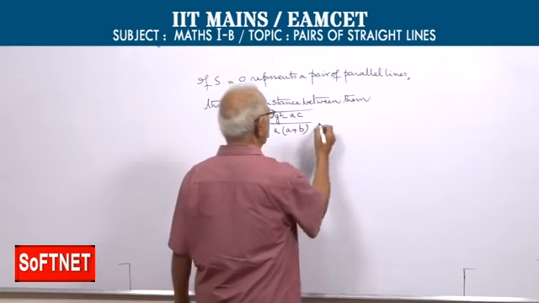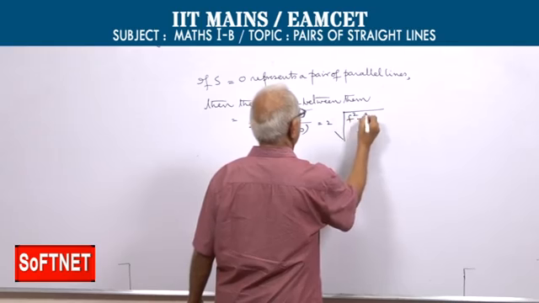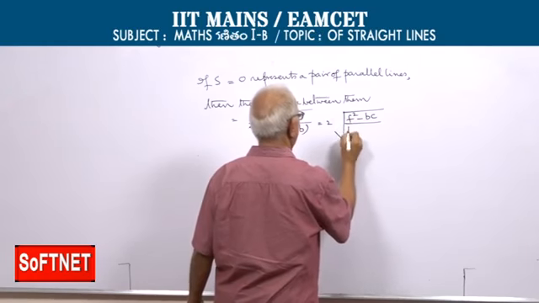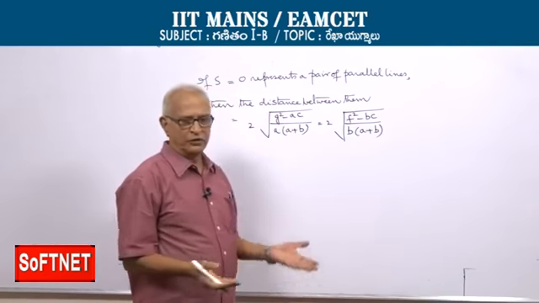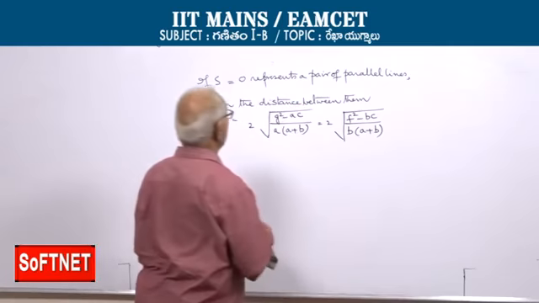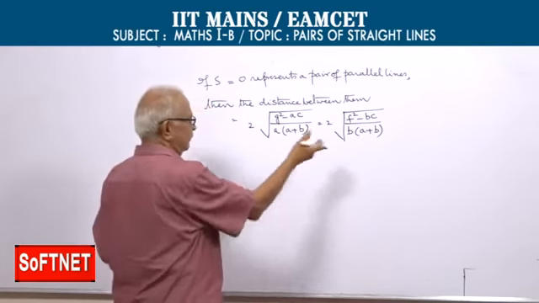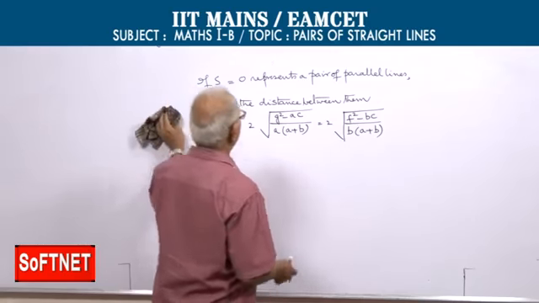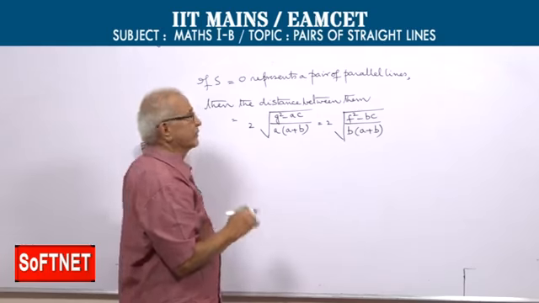Or one can also write it as, well, we don't require these formulas. And other thing is, you follow this. Suppose the equation represents a pair of intersecting lines, not parallel lines.